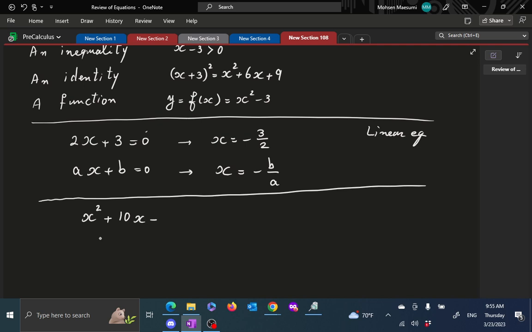So for example, starting with power 2, we have this example of a quadratic equation. So quadratic simply means order or degree 2. That's what is referred to. And the style of solving these things is by factoring and applying the zero factor theorem.